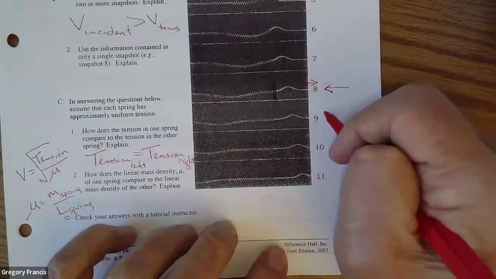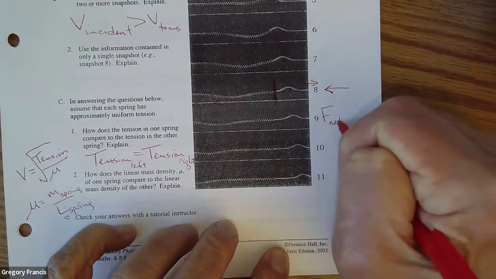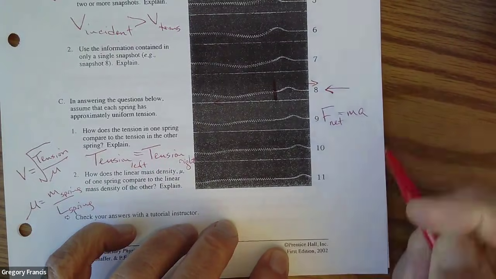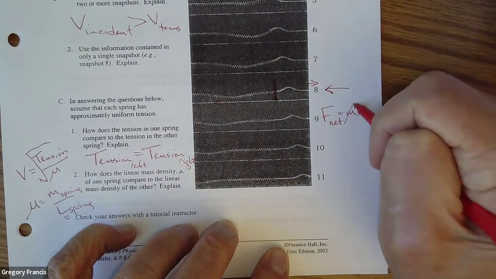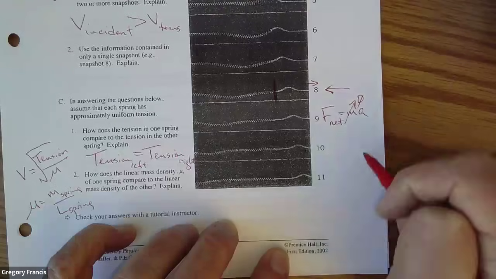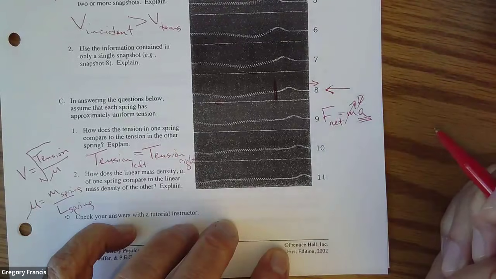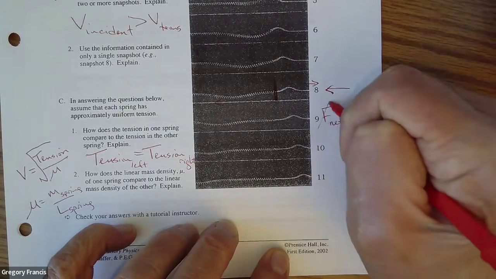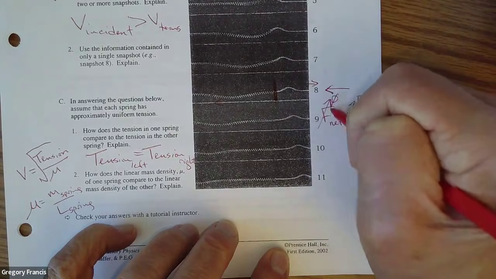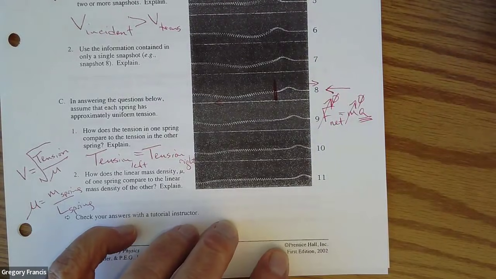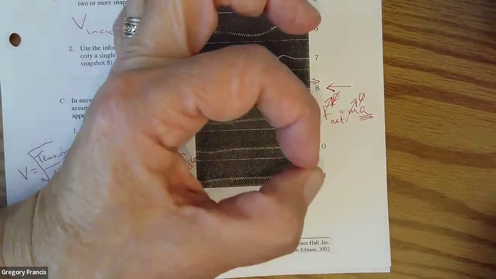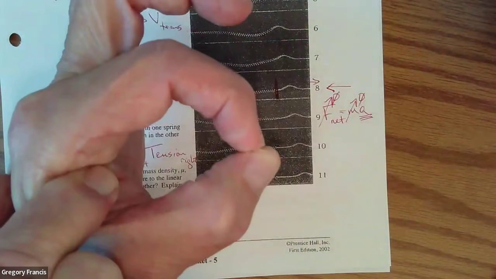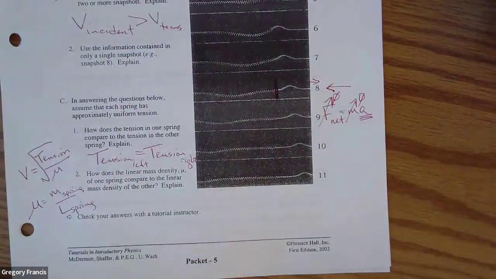By Newton's second law, if the mass is zero for that ring, it doesn't matter what the acceleration is, it can be huge. The net force has to be zero. My free body diagram has to be balanced. And on that ring, I only have two forces: the right spring pulling to the right and the left spring pulling to the left. Those forces have to be equal.